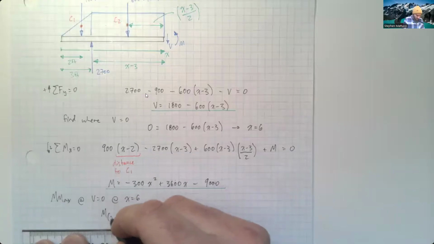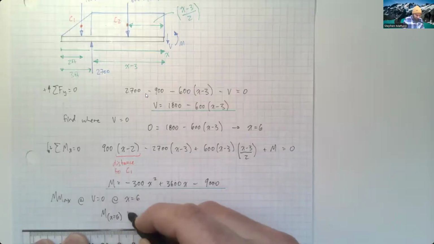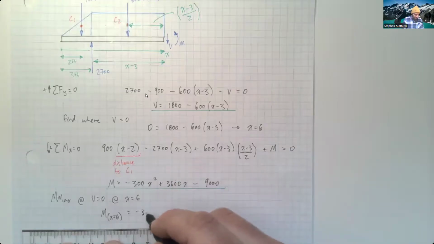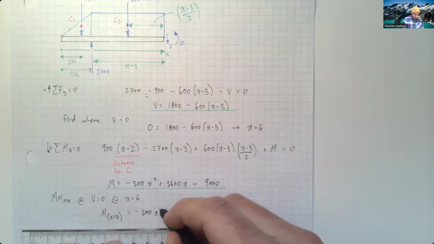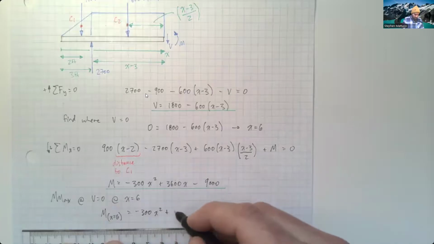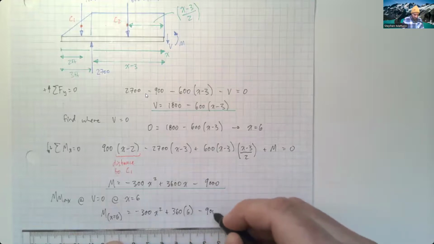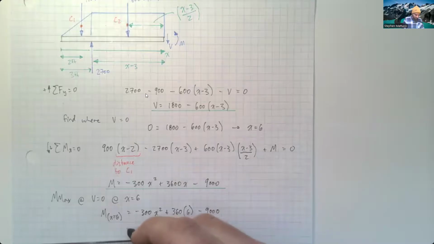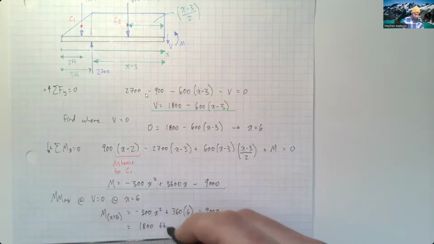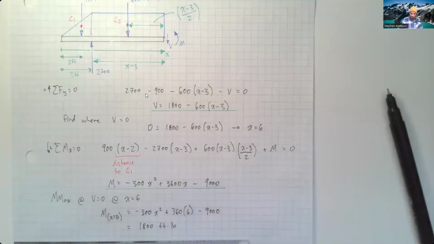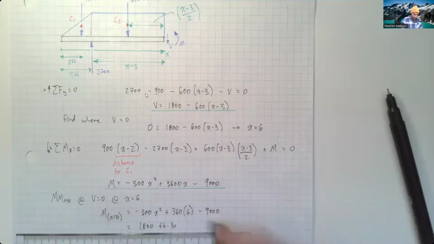So our moment at x equals 6 is going to be minus 300x squared plus 3600 times 6 minus 9,000, which is equal to 1,800 foot-pounds. So this is going to be our value at x equals 6.